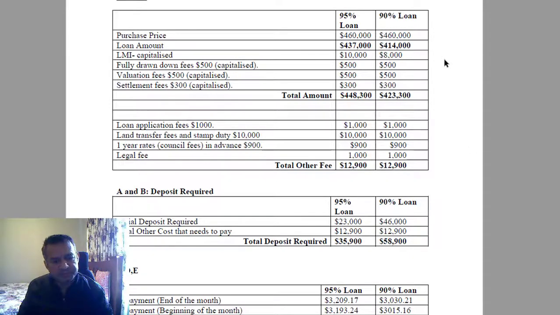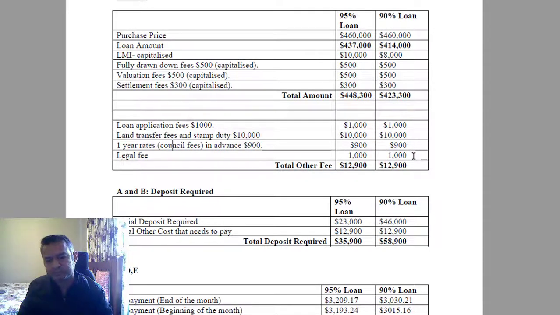At the same time, land transfer fees and stamp duty, which is $10,000, are not capitalized, so we need to pay them also. So we add $10,000 in both cases. The 1 year rates or council fees in advance, which is $900, we need to pay, so we include this amount. And legal fees, which is $1,000, also need to be included.